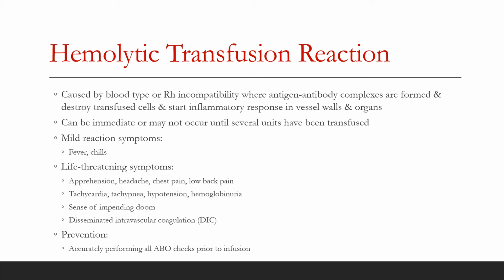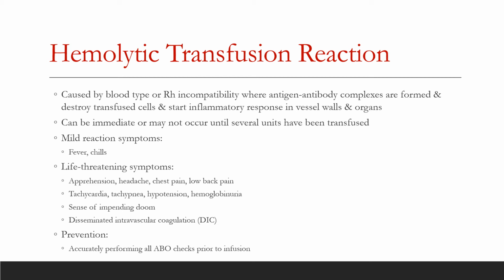The mild reactions are more commonly the thing, just like fever and chills. They may not have any other symptoms, but it's still an ABO compatibility issue, so a hemolytic reaction.